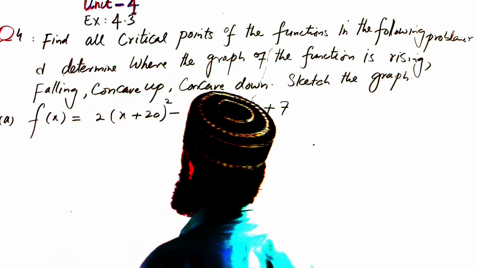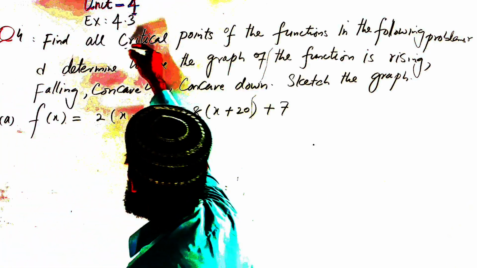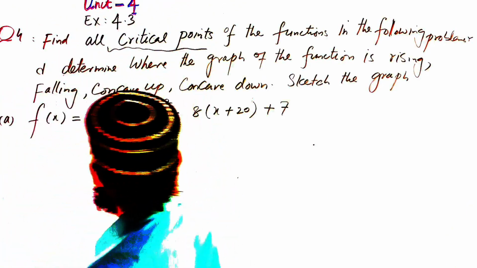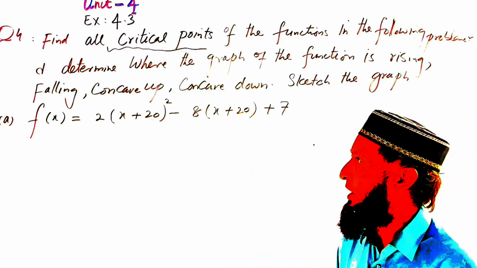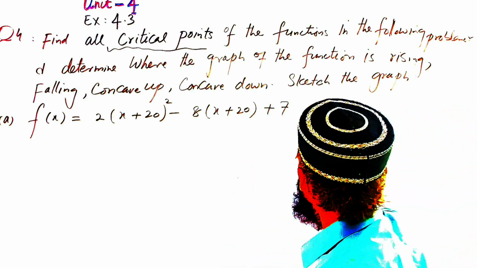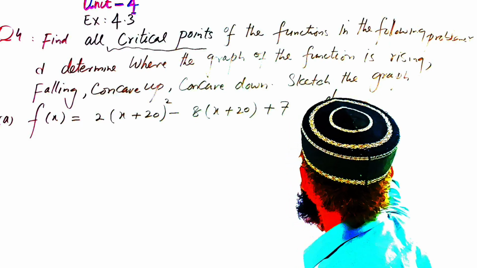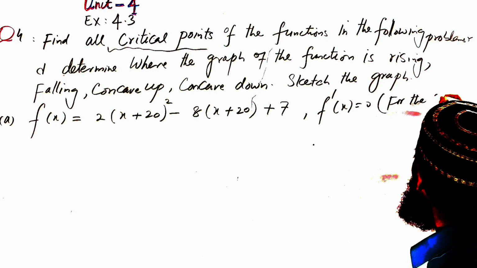Now, first of all, we find the critical points. For the critical points, we first find the first derivative of this function, and this derivative must be equal to 0. It means that we are finding f dash x is equal to 0 for the critical points.